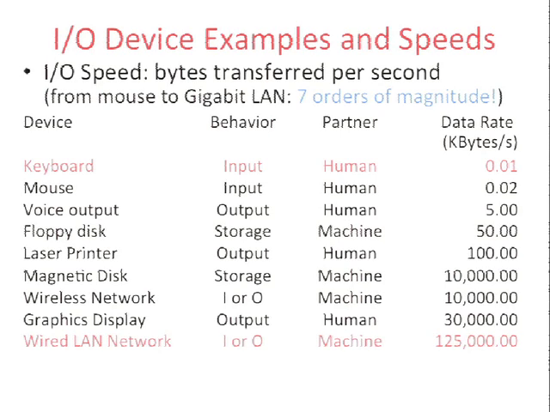There's basically 7 orders of magnitude here, from a keyboard, which is about 0.01 kilobytes a second, to a gigabit switch, which is 125,000 kilobytes per second. That's a huge disparity. Remember, what we're trying to do is get this stuff to talk to our processor, which is running at gigahertz. And then we've got all this stuff running at very different speeds. 7 orders of magnitude is a lot of orders of magnitude.